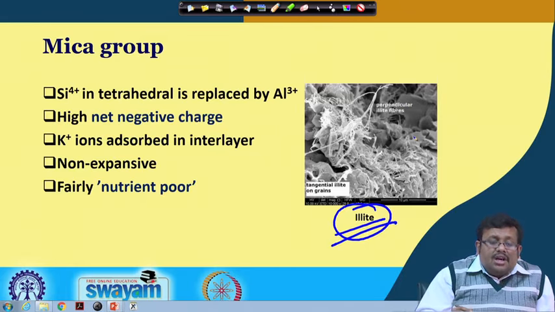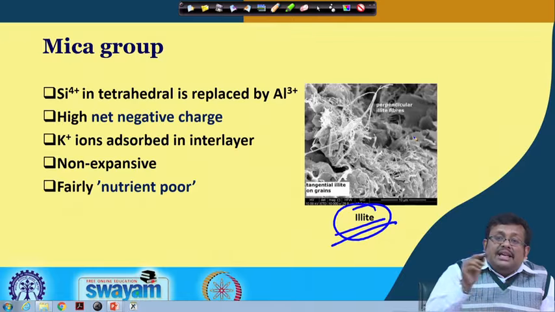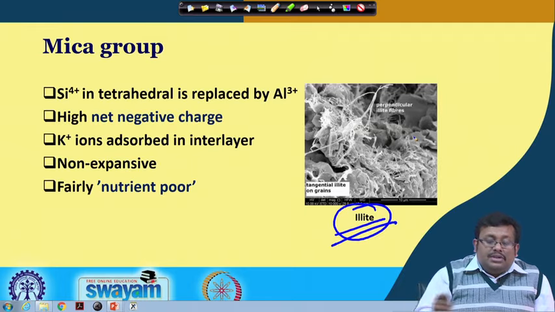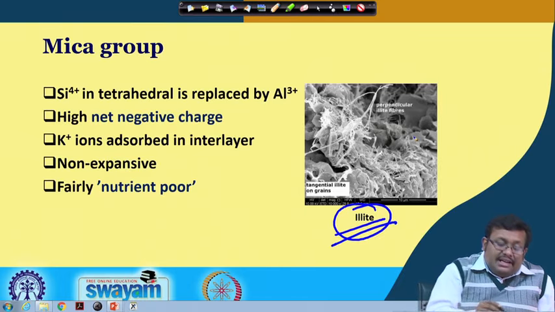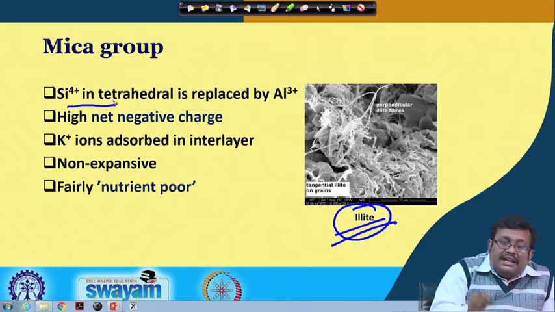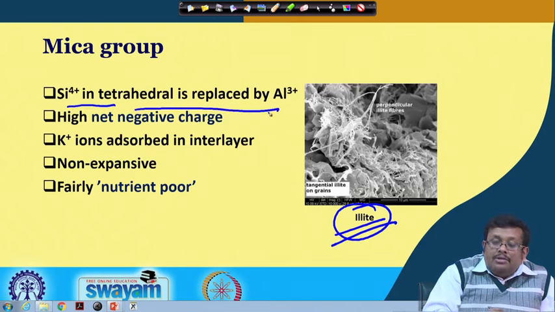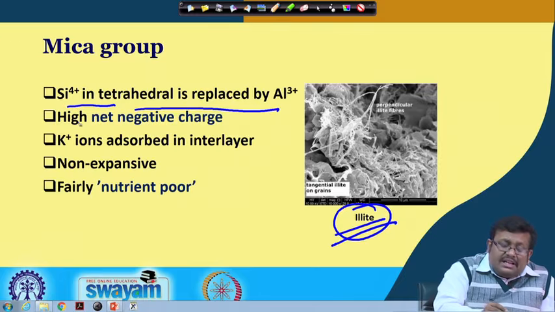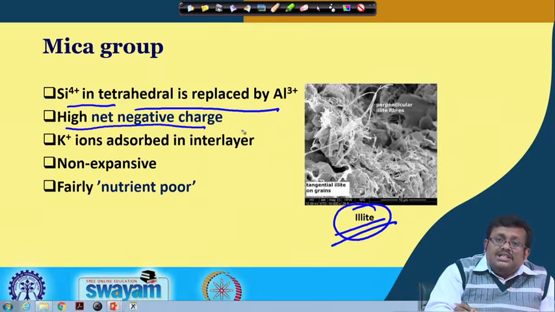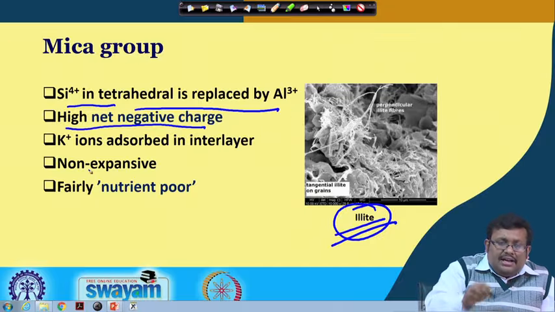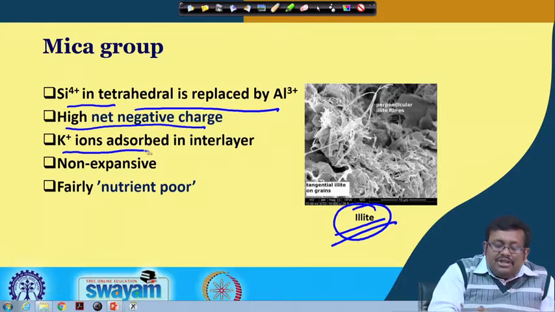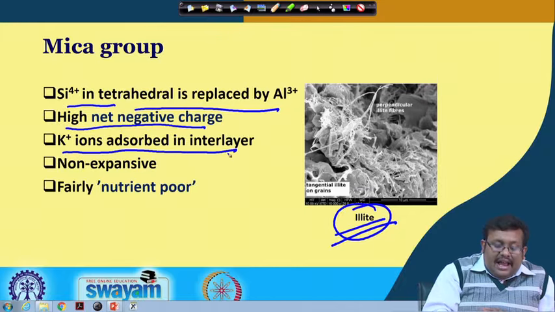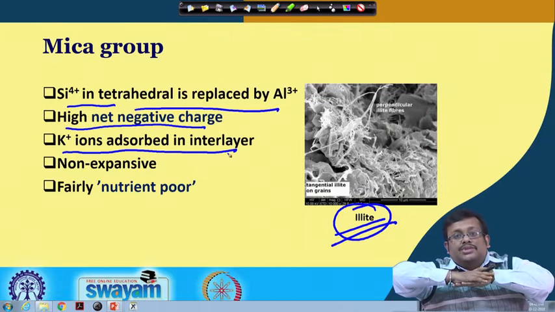In case of illite, there will be isomorphous substitution only in the tetrahedral layer, where silicon atoms get replaced by aluminum ions, and as a result there will be a high net negative charge. The interlayer space will be dominated by potassium ions which get adsorbed in the interlayer, and as a result they will lock the structure.